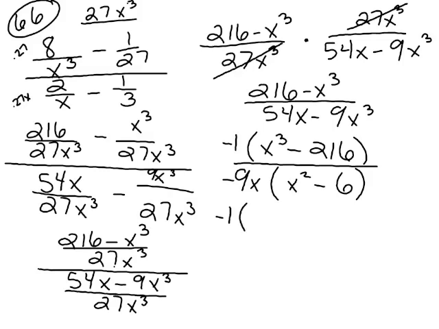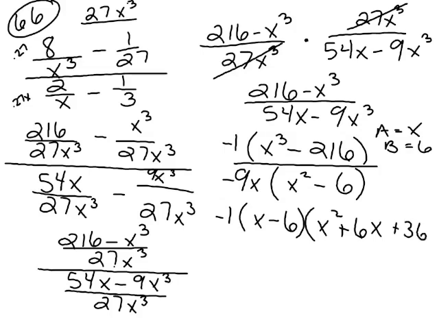So my A value is going to be an x, and my B value is going to be a 6. So let's rewrite it. It's A cubed minus B cubed, so we need to use the A minus B format, and A squared plus AB plus B squared. There's top.